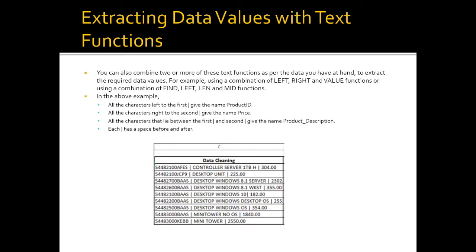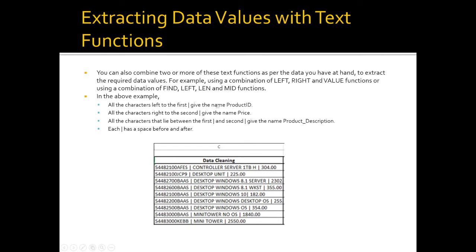You can also combine two or more of these functions as per the data you have at hand to extract the required data values, for example using a combination of left, right, and value functions, or using a combination of find, left, len, and mid functions. In the above example, all characters to the left of the first vertical bar give the name product ID. So here, these are the characters before the vertical bar.